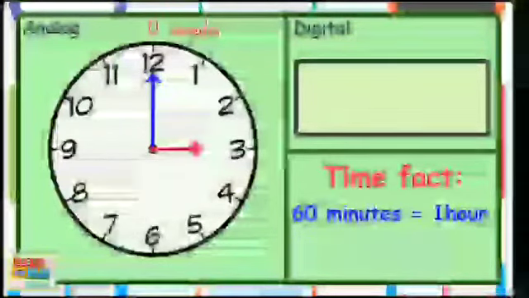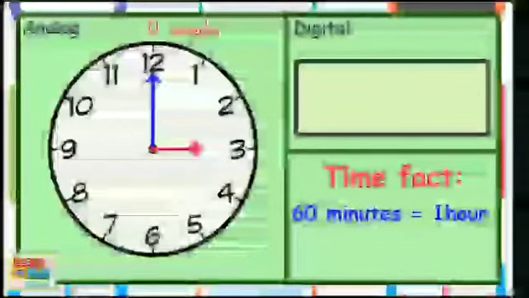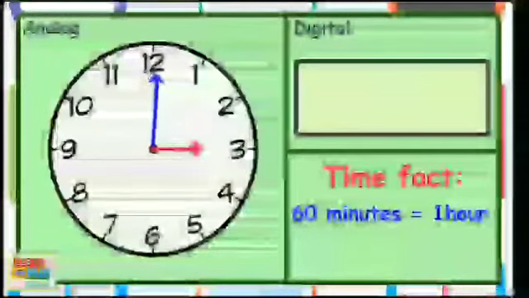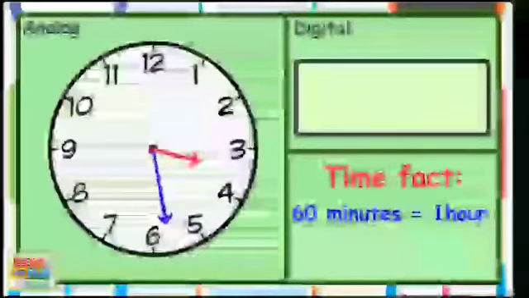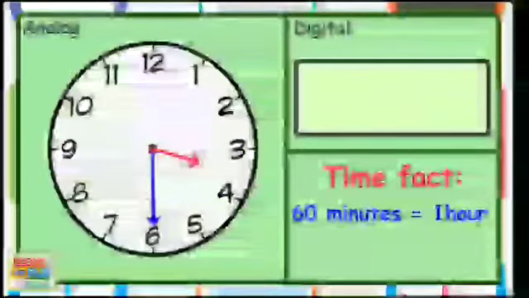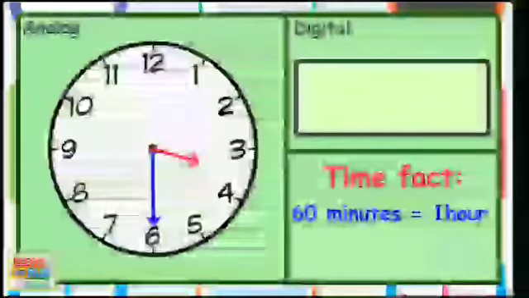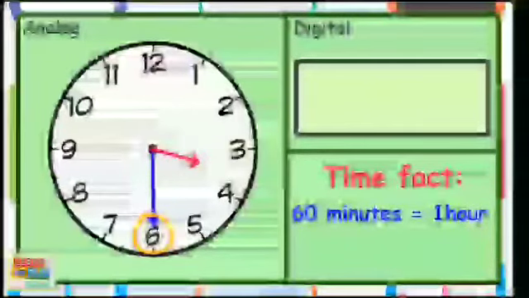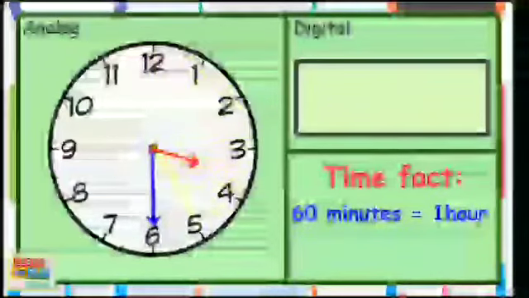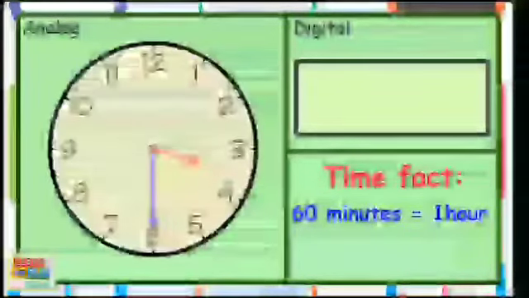Now let's see what happens when the minute hand travels halfway around the clock. Since the minute hand has traveled only halfway around the clock, it is now pointing at the number 6. Now we already know that one full rotation of the minute hand is equal to 60 minutes.